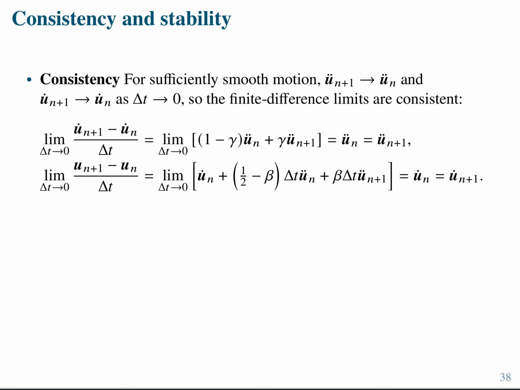You wouldn't want something that does not behave like that. So that is the concept of consistency, right? It makes sense that as we're making the time steps smaller and smaller, obviously these two things have to be equal to each other, also at the limit. Remember, I'm taking the limit as the time step goes to 0, right? Those two quantities have to be equal to each other.